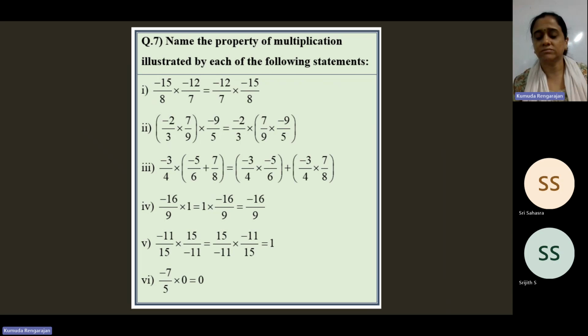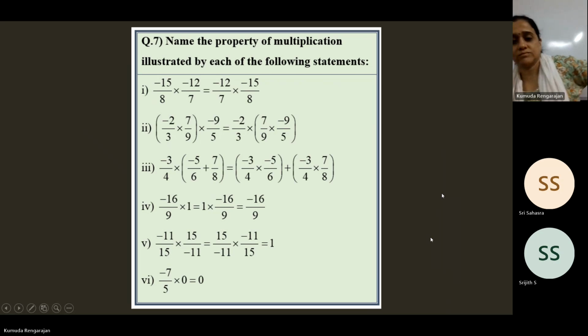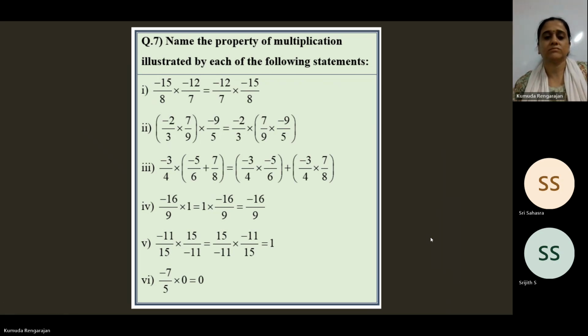Anybody? Associative property. Third one, no? Sahasra? Observe the third one, Sahasra.